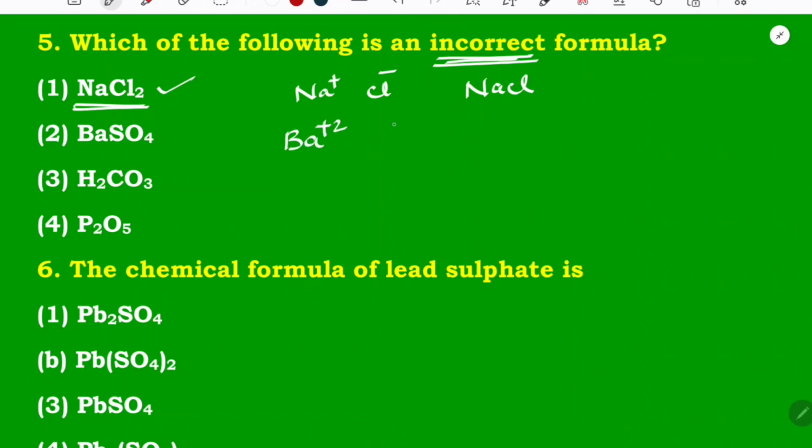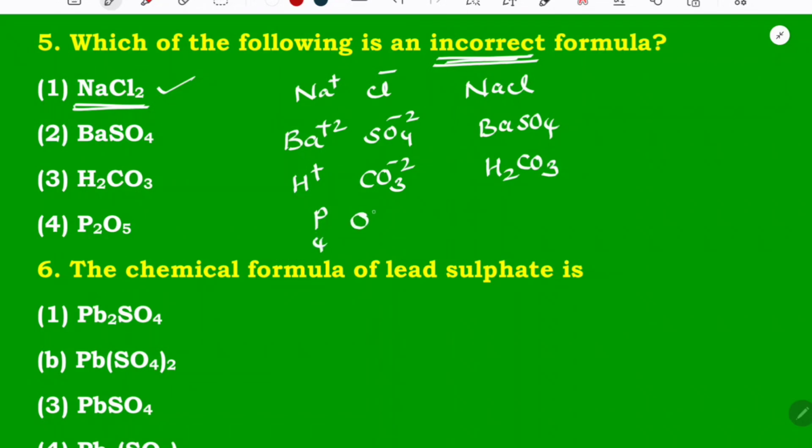Ba plus 2 and SO4 minus 2 give the formula BaSO4, barium sulfate. H plus and CO3 minus 2 give H2CO3, carbonic acid. Phosphorus pentoxide: phosphorus and oxygen minus 2.